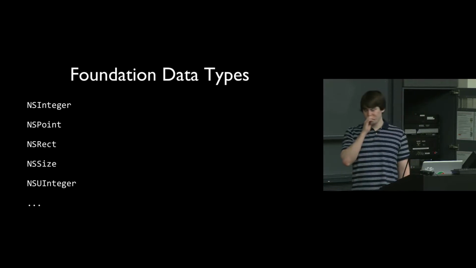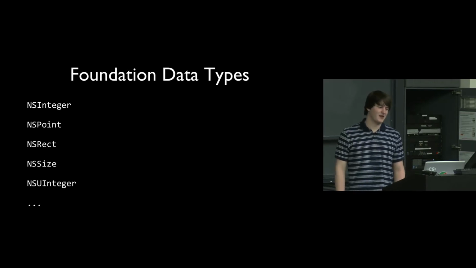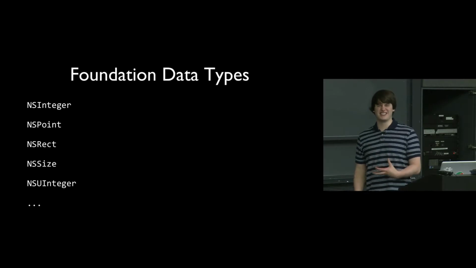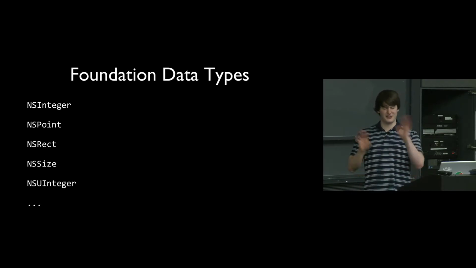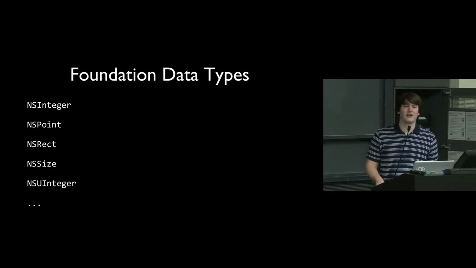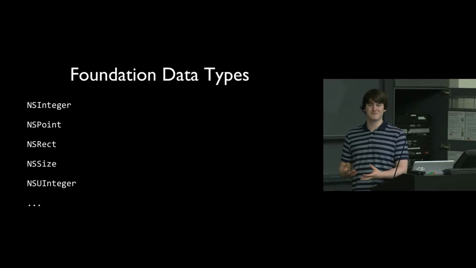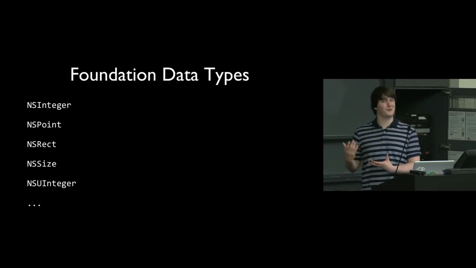They exist for various legacy reasons, and NSInteger exists as sort of this weird bridge between 32-bit and 64-bit. When you're looking at documentation and you see that a function returns an NSInteger, use an NSInteger variable. None of these are object types.